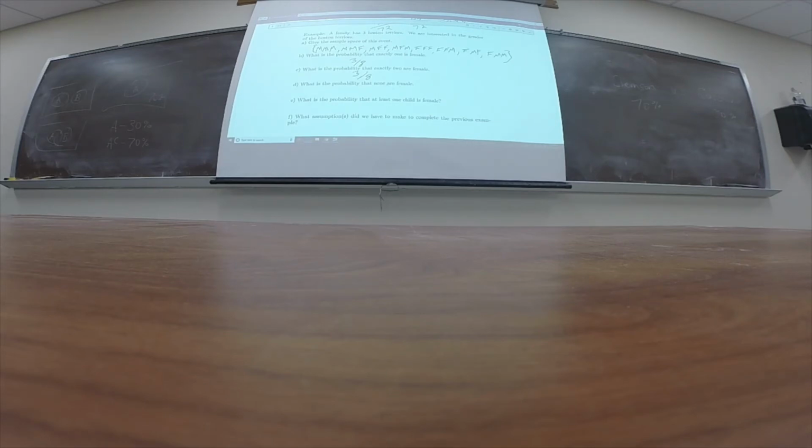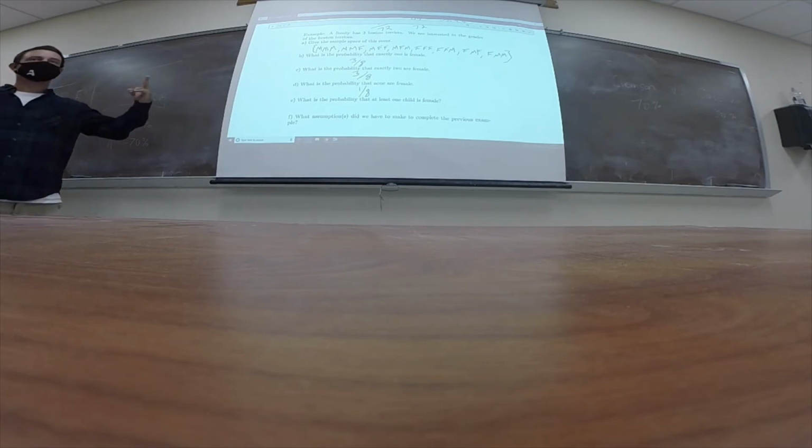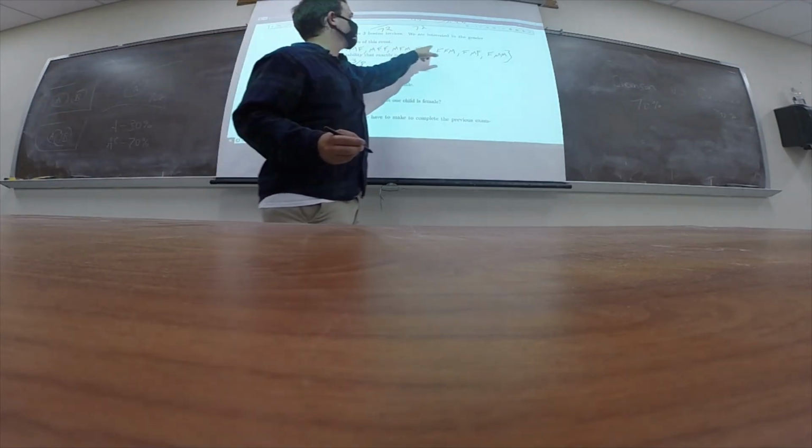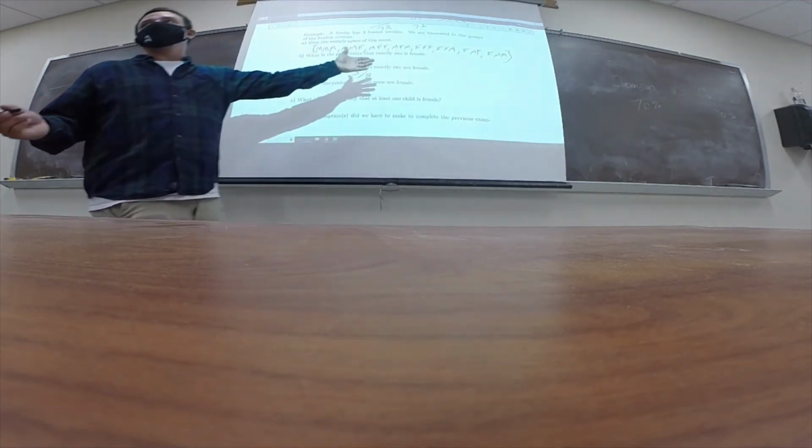What's the probability that none are female? If none are female, then they all have to be male, so I only have 1. What's the probability that at least 1 is a female? At least 1 means that 1 could be, 2 could be, or all 3, right? So if I'm looking at it, 1, 2, 3, 4, 5, 6, 7. Does that make sense?